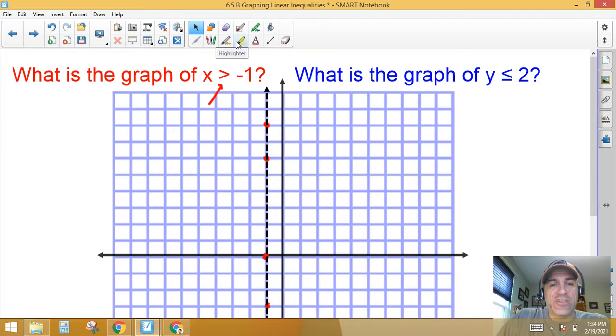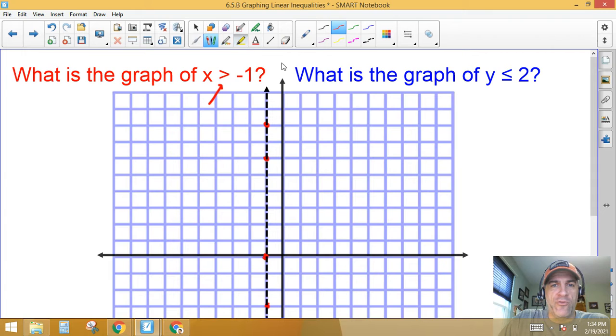So where is x greater than that? I know we learned that we shade above if it's greater than. This is going to be the special one, because it's kind of a special slope. Where is x greater than -1? To the left or to the right? Well, the x's get greater the further right they go.